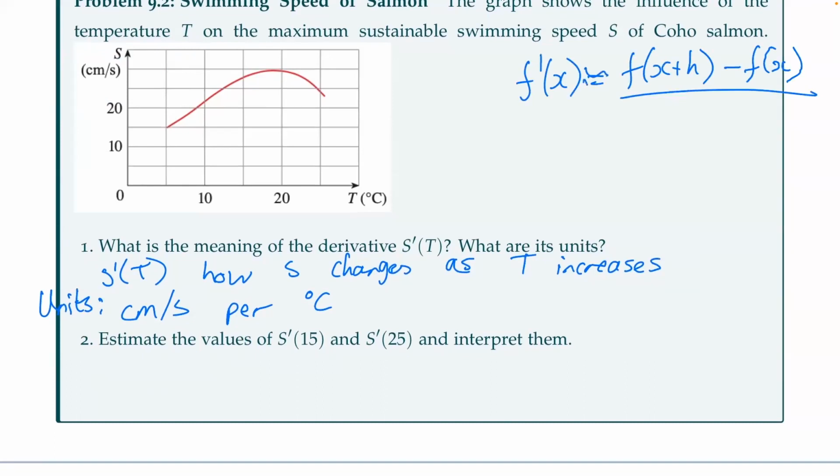Well, I'll tell you what, I'm going to put the approximate in there. So if we define our derivative, we take the limit as h tends towards 0. Now you're not going to take the derivative, you're just going to approximate this. So have a look at this graph here and use this formula to approximate what the derivative is when t is 15 and when t is 25.